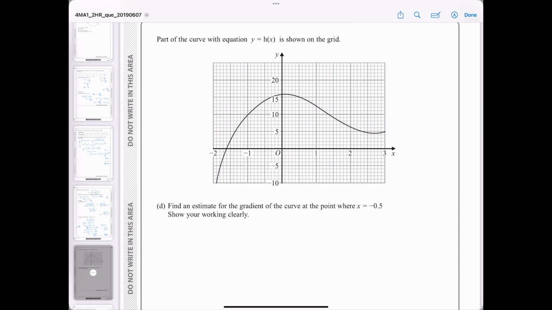Part of the curve with the equation y equals h of x. Oh, this is the same question that's shown on the grid. Find the estimate for the gradient of the curve at the point where x equals minus 0.5.